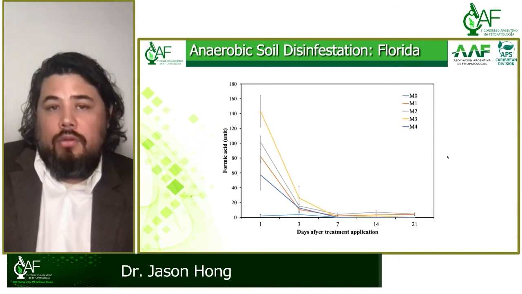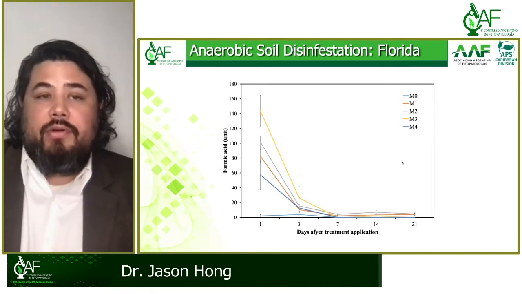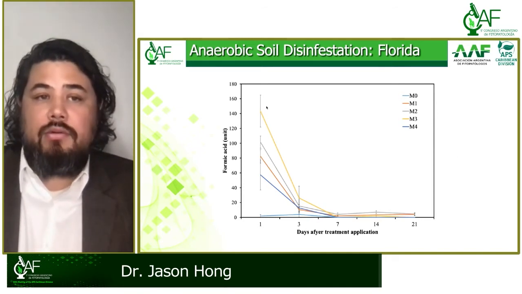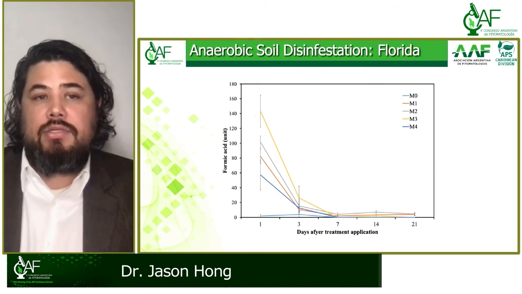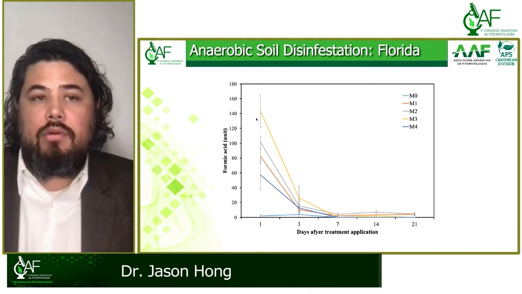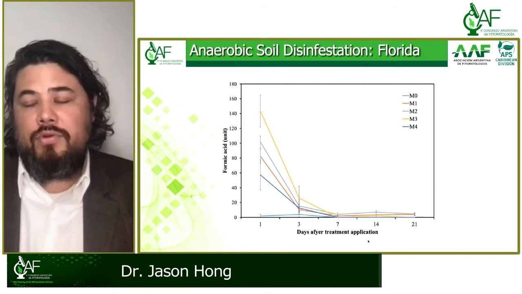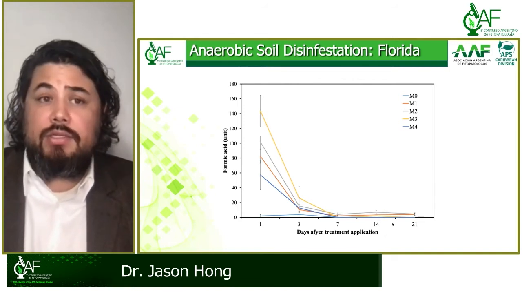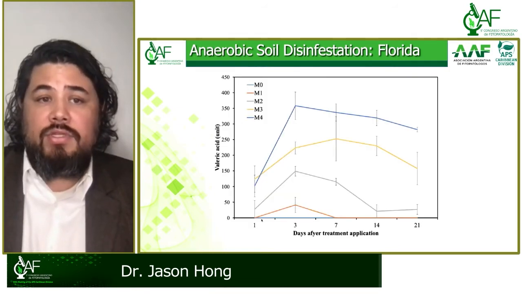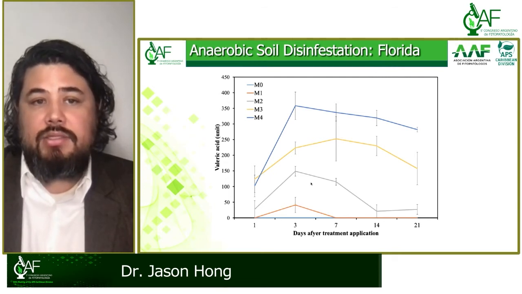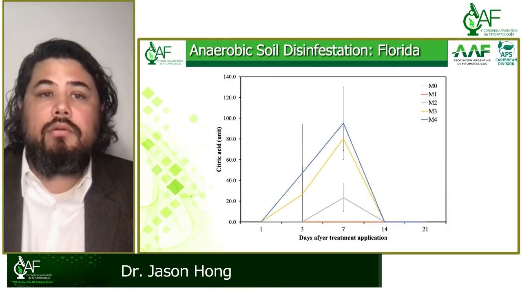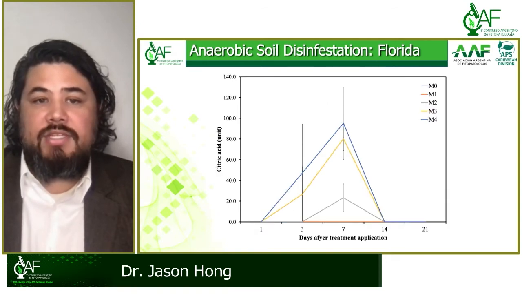So then we looked at the different organic acids that were being produced. This is formic acid, which is found in molasses. You see a high percentage of the formic acid, and then it significantly reduces as it's being metabolized. What is interesting is that you have valeric acid, and certain organic acids that peak throughout the time sampling.